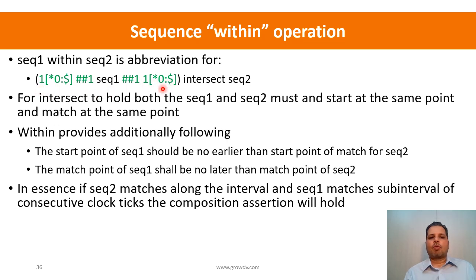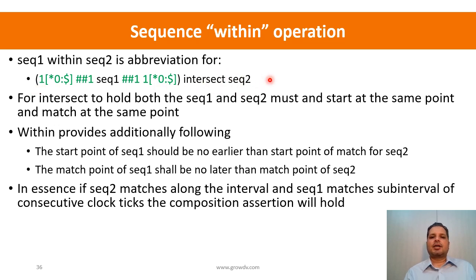So in this overall duration, the sequence holds, and there is this sequence 1 happening as a part of this overall sequence that we have defined, and this one intersects with sequence 2. And intersect, as you know, means that the start point and the match points of both the sequences should be at the same point, and since this can continue with the $, it's unbounded.